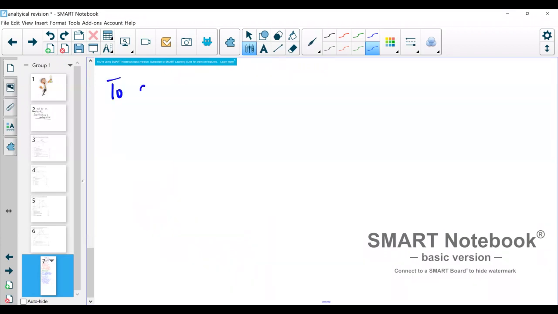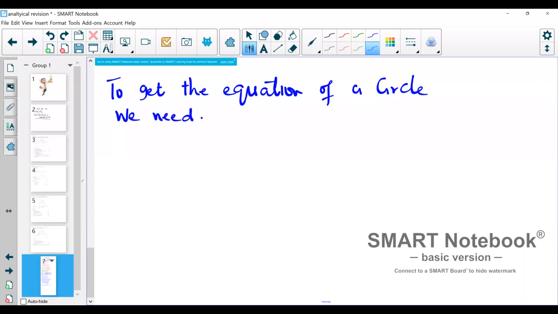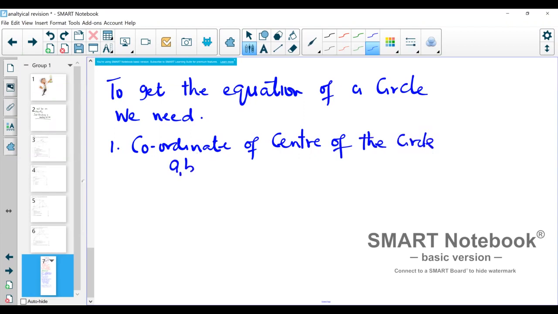So to get the equation of a circle, we need, one, the coordinates of the center of the circle, which will simply be A and B. And number two, we need the radius, R.